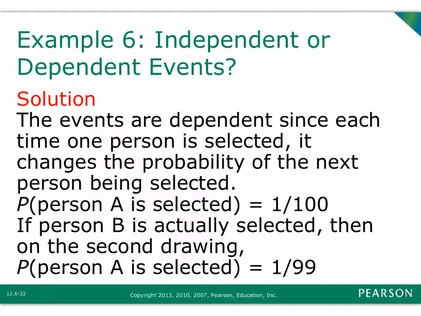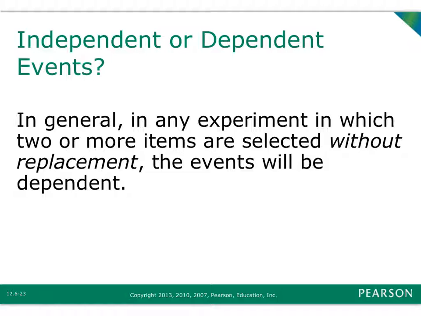So the probability that person A is selected is 1 over 100. The probability that person B is selected on the second drawing, given that person A was selected, is 1 over 99. In general, in any experiment in which 2 or more items are selected without replacement, the events will be dependent.